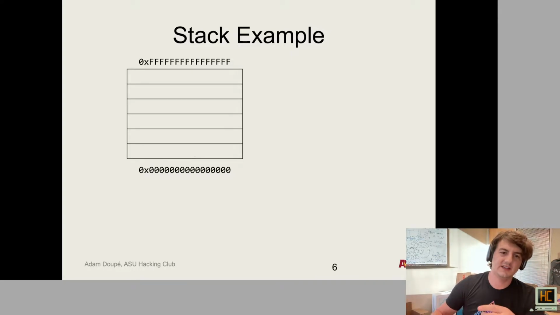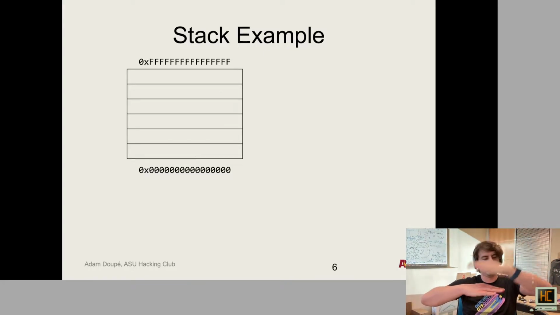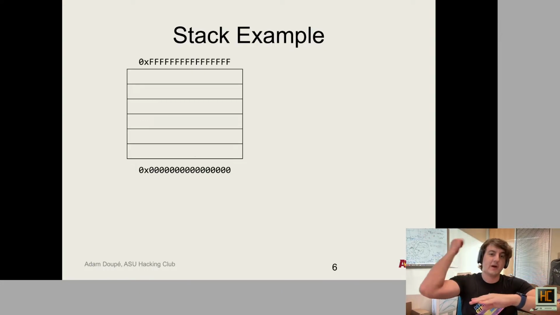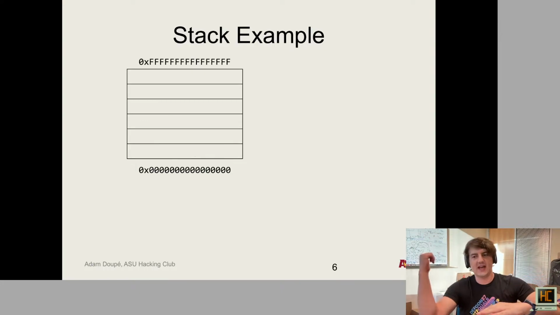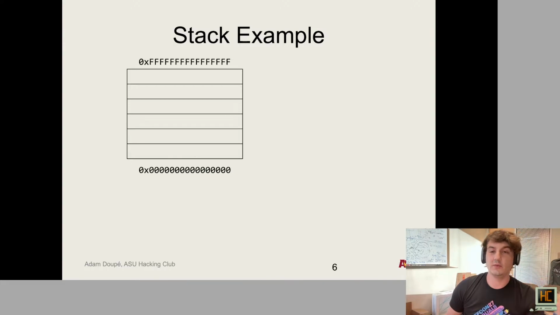But essentially, if we're putting things onto the stack, say first Zion gets pushed on the stack, and then Will gets pushed on there, and then Adam gets pushed on. When we pop something off the stack, Adam will go first, and then the next thing we pop off will be Will, and then after that would be Zion.